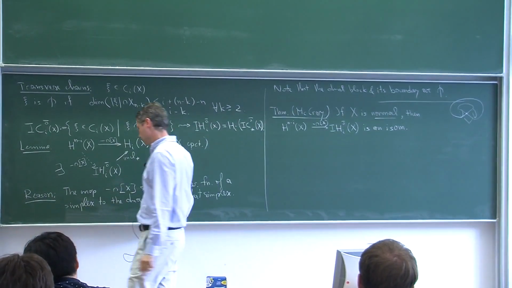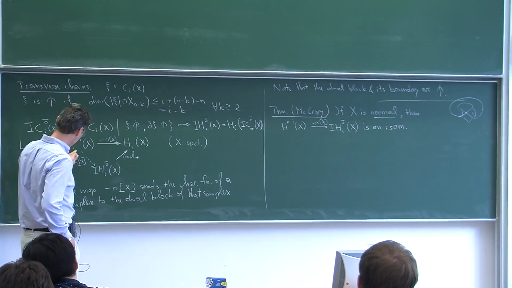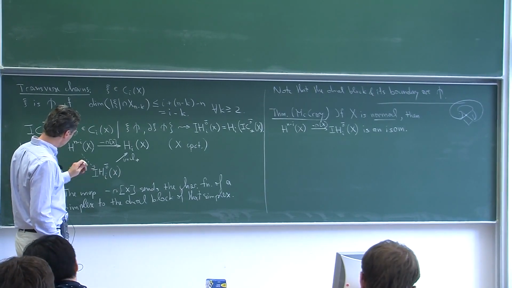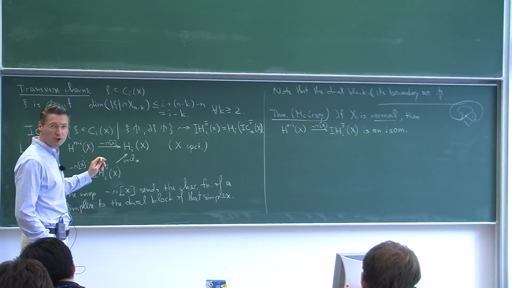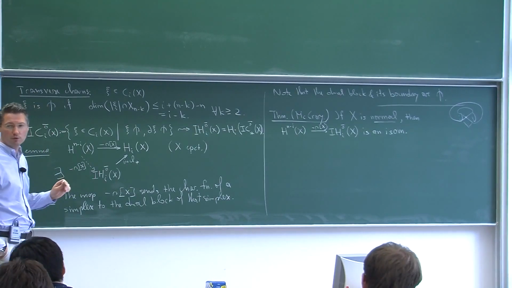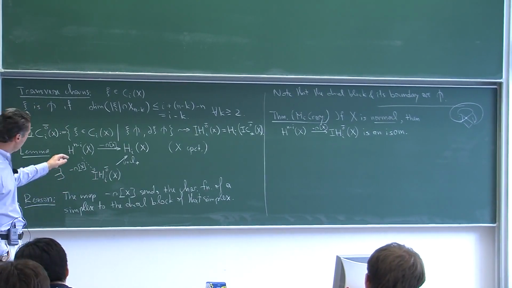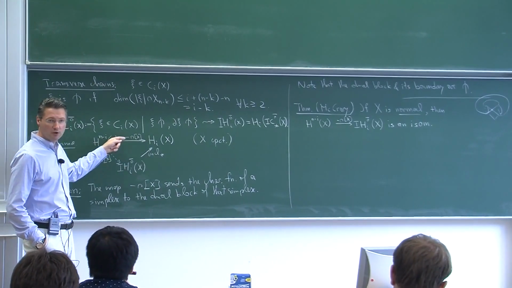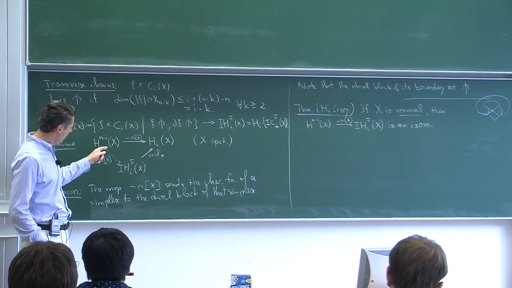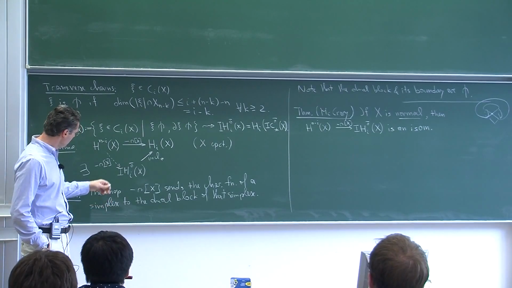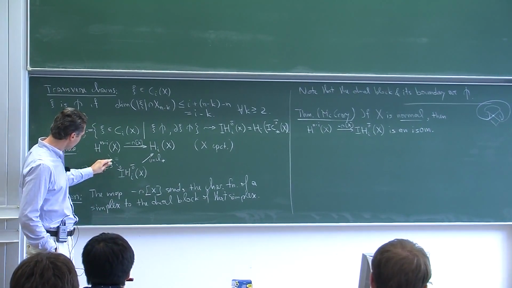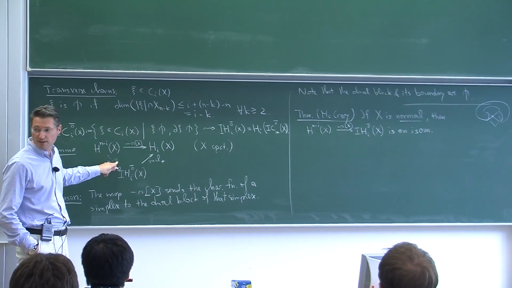So this is now rather fascinating because now we have a much deeper understanding of what goes wrong with Poincare duality. Poincare duality says, and we've seen this in examples, that this map is not an isomorphism. But now we have this factorization, and at least if X is normal, we are being told that this map is an isomorphism.